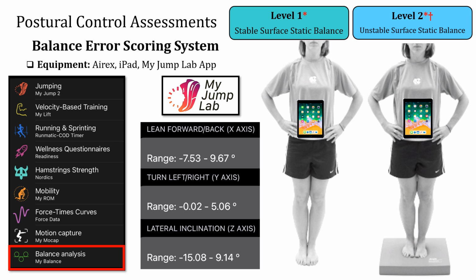relatively steady. I usually have them push it against their torso such that there's minimal accessory movement. Again, there may be some human error in that, but it would otherwise be minimal. And then it gives you the different axes of postural sway: forward, backward, left, right, and then the lateral inclination based off the movement of the mobile device.